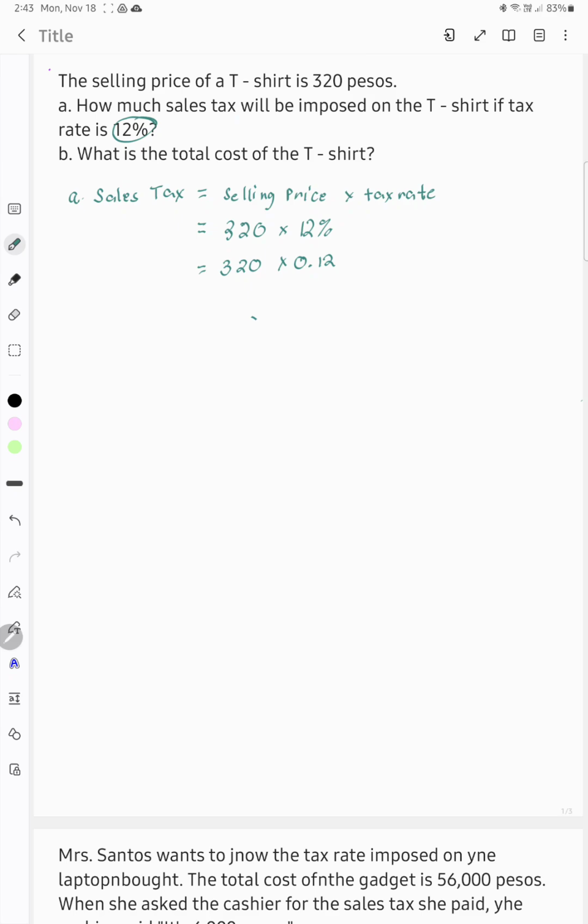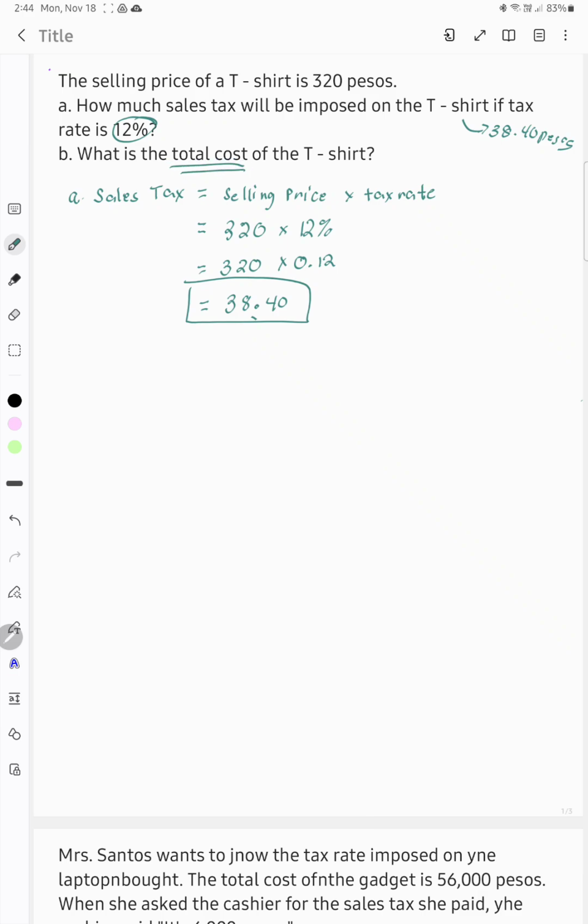Multiplying 320 by 0.12, that would be 38.40 pesos. So this is the tax for a shirt, 38.40 pesos.